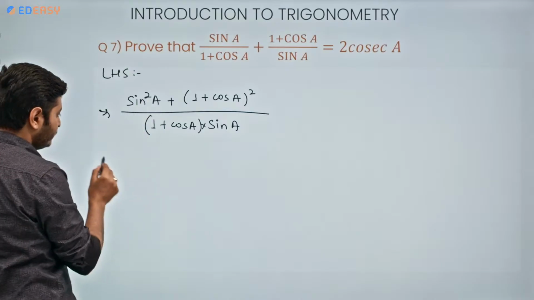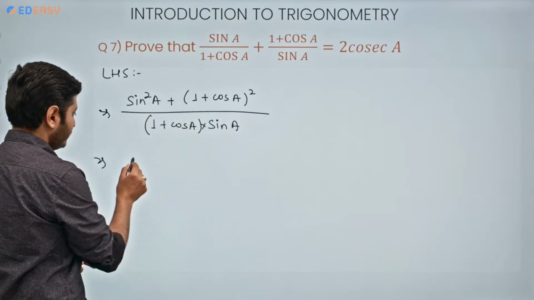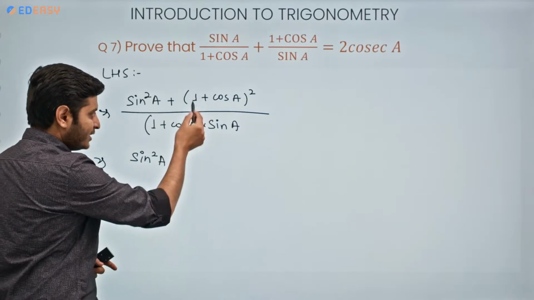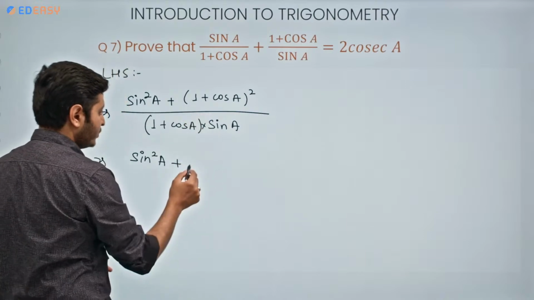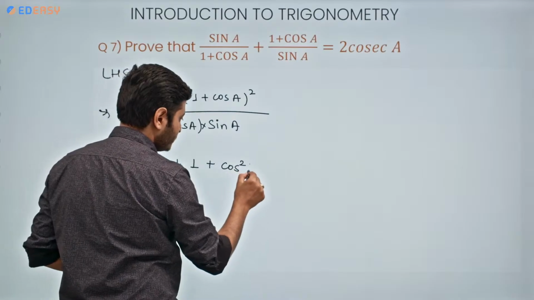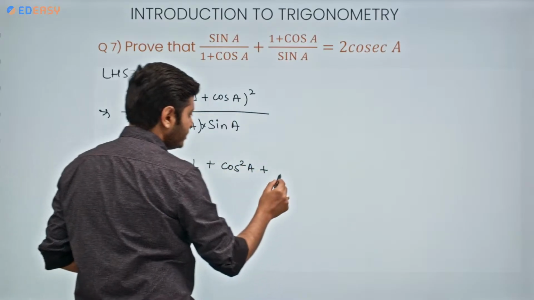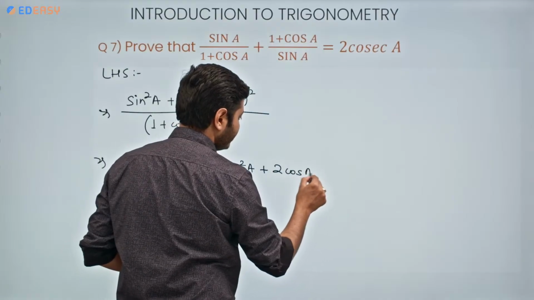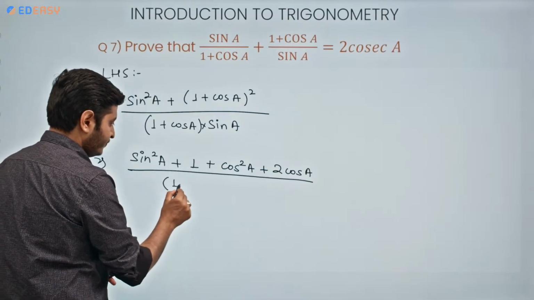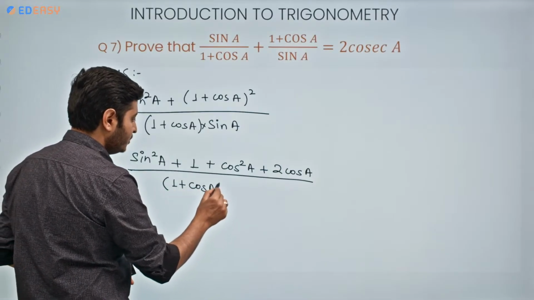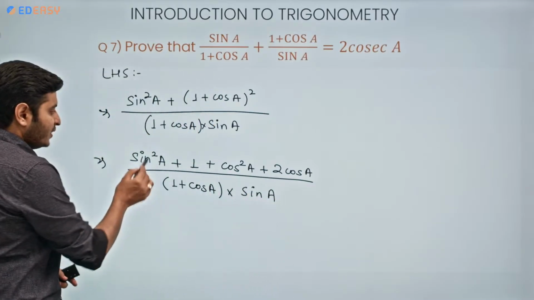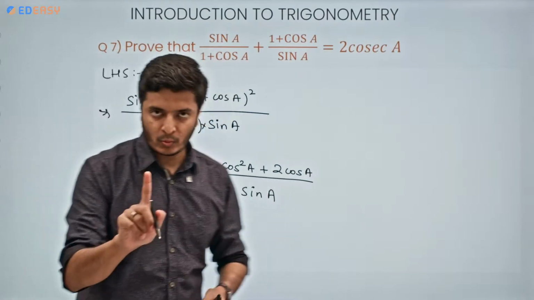Now, open the identity. Sine square A plus, because this is A plus B whole square, A square means 1 square, 1, plus B square means cos square A, plus 2AB means 2 cos A, divided by, I will not touch these, 1 plus cos A into sine A. Now, sine square A plus cos square A, 1, identity.